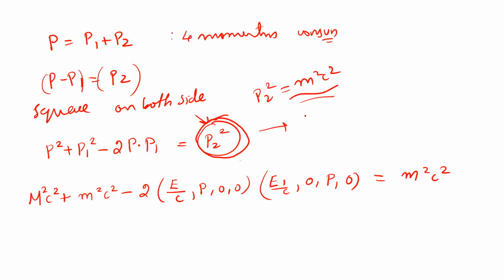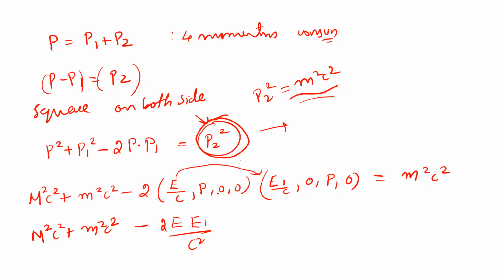We have already eliminated all the sin theta, cos theta, all these problematic terms. We don't have to deal with them. Now this is convenient. M square C square plus M square C square minus, this would be 2E E1 by C square. We have multiplied the 0th component.